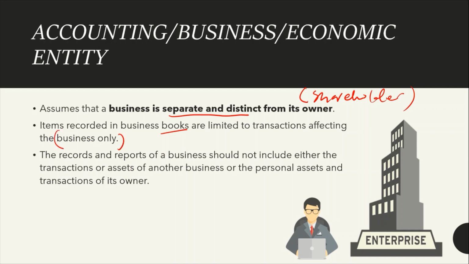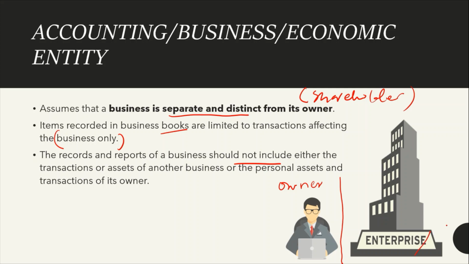The records and reports of a business should not include either the transactions and assets of other businesses or the personal assets and transactions of its owner. So this assumption states that you must separate the owner from the business.